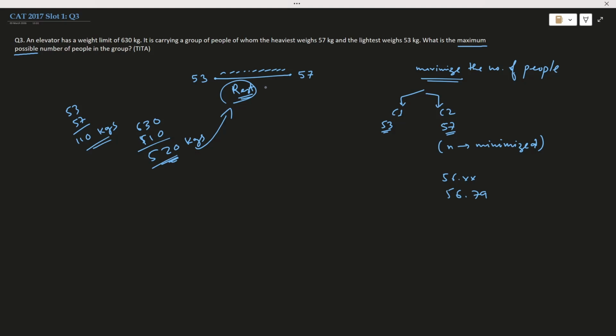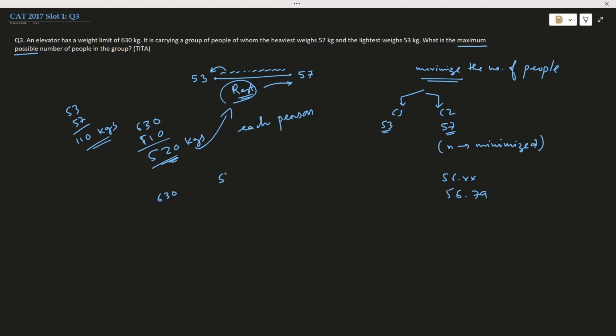And if the rest of the people are towards 57, then each person will take up more kgs from the 520 kgs. That means the rest of the people should be nearer to 53 to maximize the number of people. Alright guys, I hope you have understood my explanation. Why the rest of the people in the group should have weights nearer to 53.